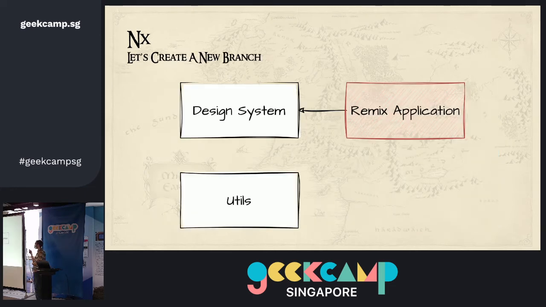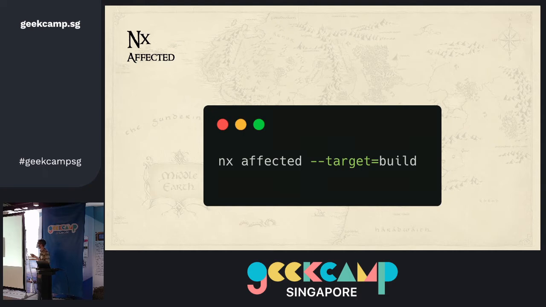So let's design a feature where you want to update your Remix application. Since all of your packages are within the same repo, you don't want to rebuild everything, and you only want to maybe update only the Remix application, so you don't want to run the tests for every other folder. You can do so easily with the affected command, which will only launch the command on the affected projects.